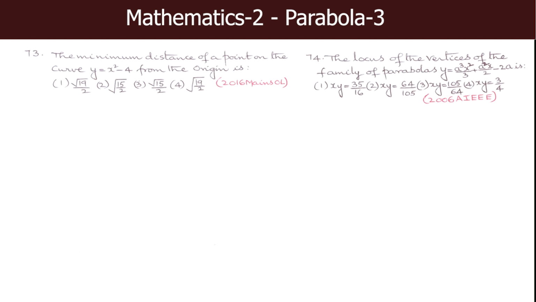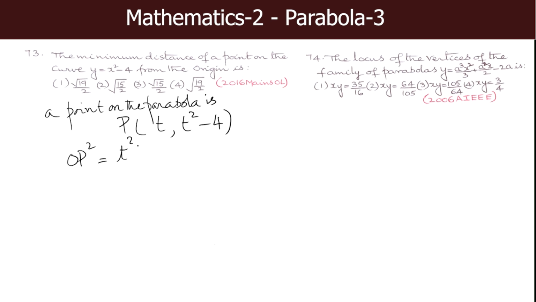Well, a point on the parabola is x equal to t, y is equal to t square minus 4, in terms of parametric coordinates. Minimum distance of this point from the origin, what is the distance? This is P. What is OP? OP square.